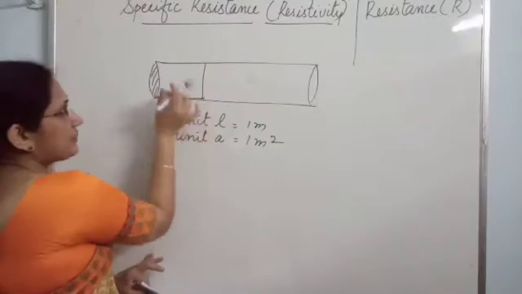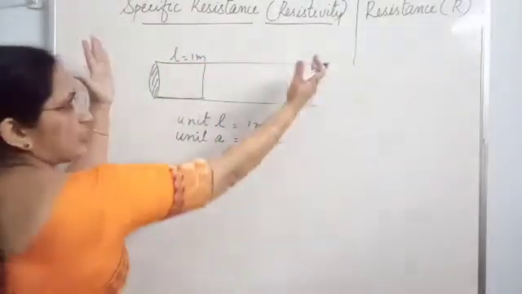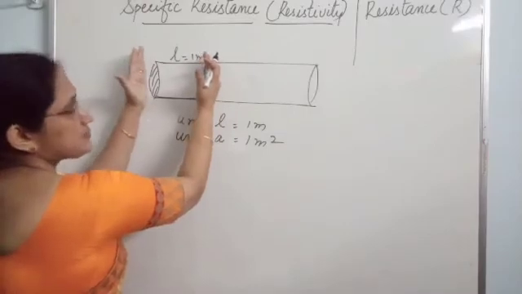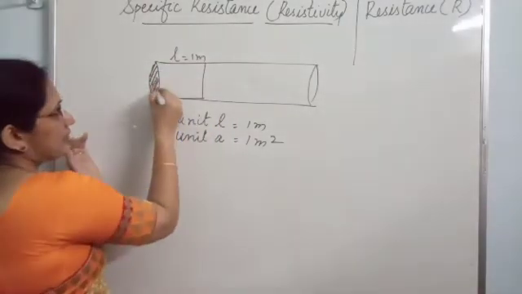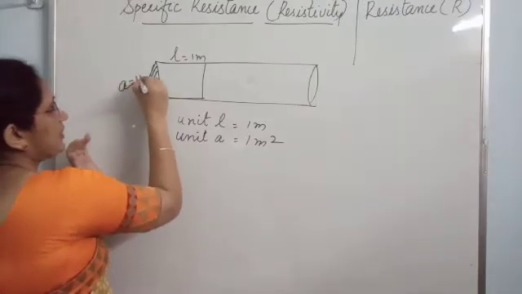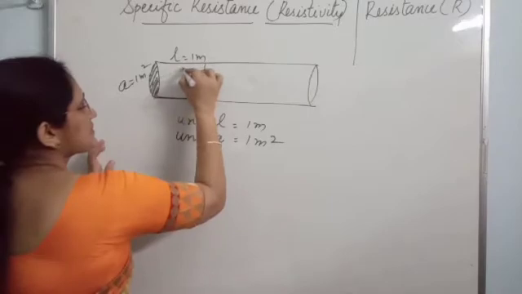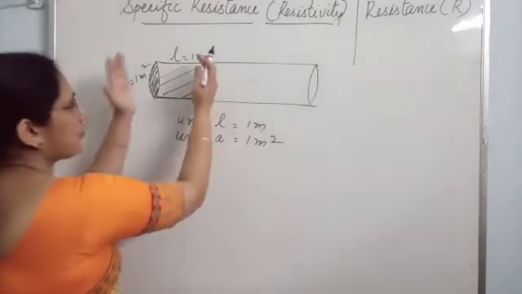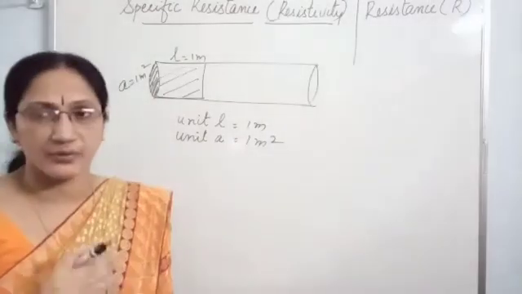Consider 1 meter long wire. Don't consider the whole wire. You imagine this much is 1 meter and this shaded area of cross section is 1 meter square. So how much resistance this piece of wire having unit length and unit area of cross section provides?